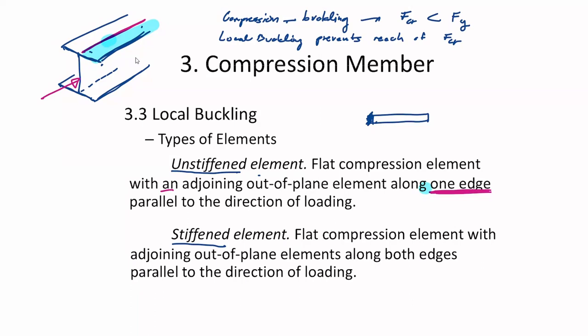Now we move on to the stiffened element. Say you have the flat compression element with adjoining out of plane elements along both edges. So let's look at the web now. When you look at the web, this becomes one adjoining plane, and this is another, right?